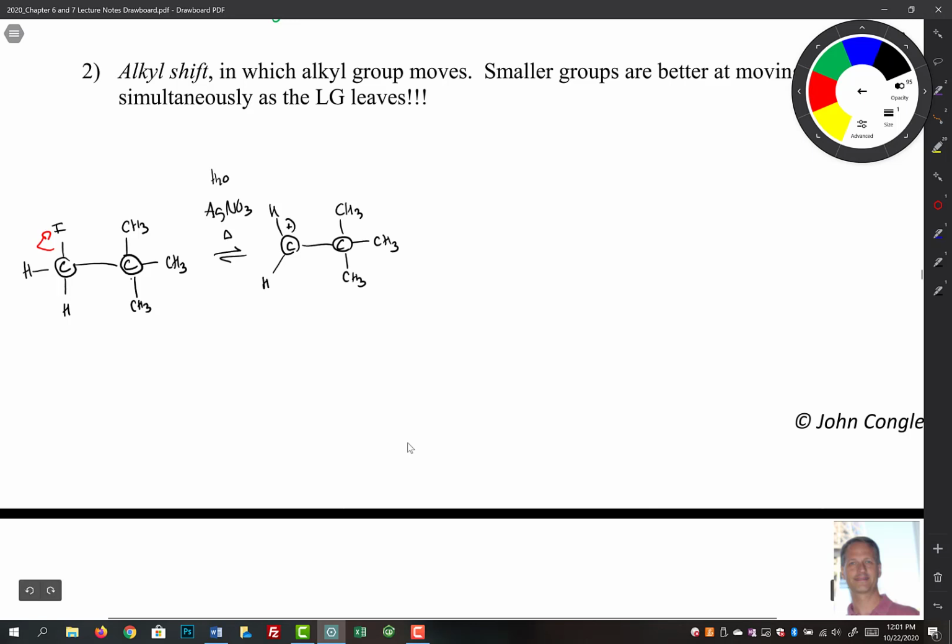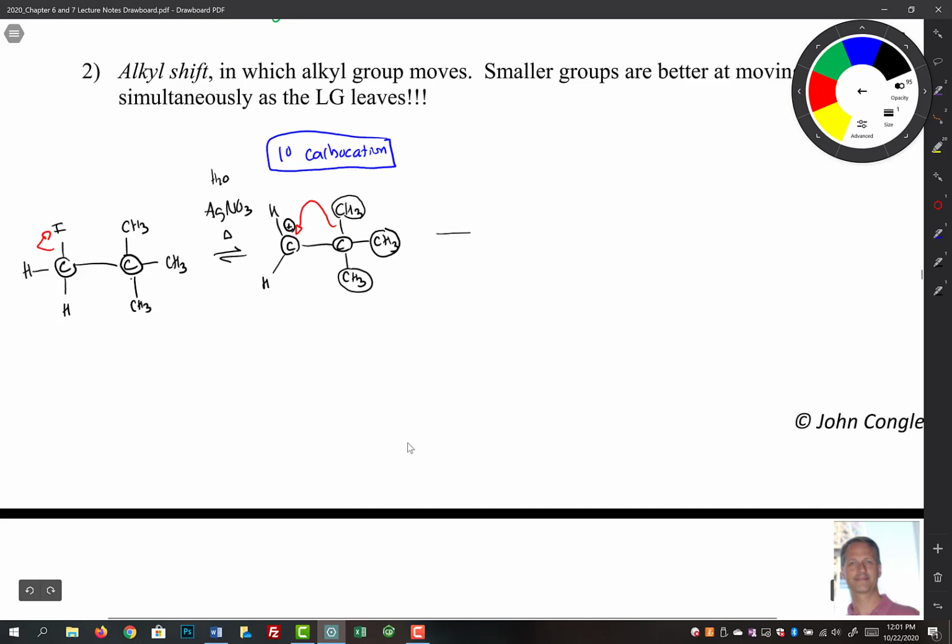Same deal, we have a plus charge right here, and again, just to point out, we have a primary carbocation. Now, neighboring what we're looking at here, we have only methyls, only carbons. So in this case, we're going to take a set of electrons and jump over to this position right there.